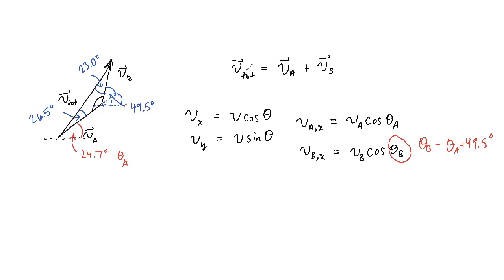So the x component of the total is going to simply be V_A times the cosine of theta A plus V_B times the cosine of theta B. Okay, and that's it for the x component of the total.